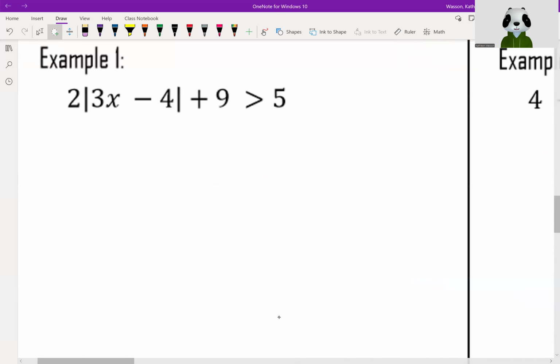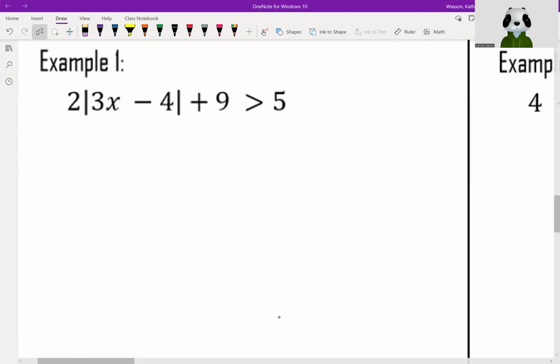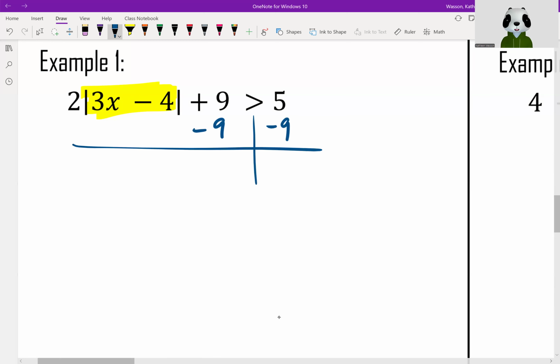Here's example 1. I need to isolate the part that has absolute value. That's my first step. So I'll move the numbers that are beside this. I'll subtract 9 from each side of the inequality.